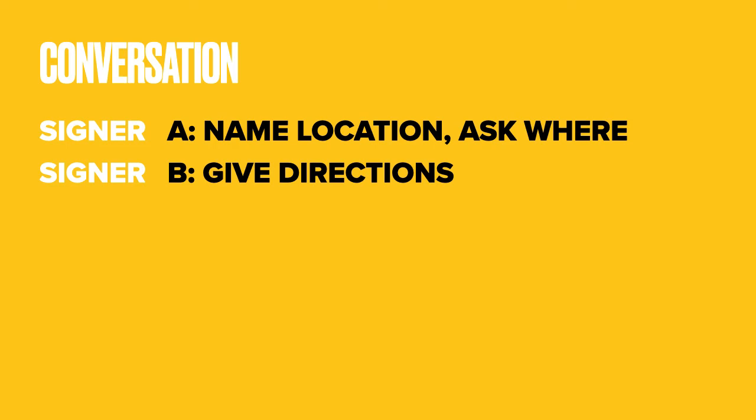Let's help this parent get from my classroom to the library. So we would sign classroom, exit, hallway, and then we're going to fan them to the left. And then we're going to show hallway again. And then we'll show them door. And then we'll tell them that's the library.